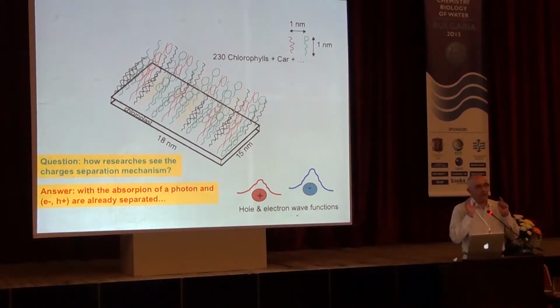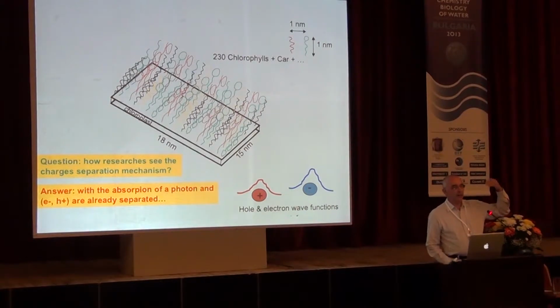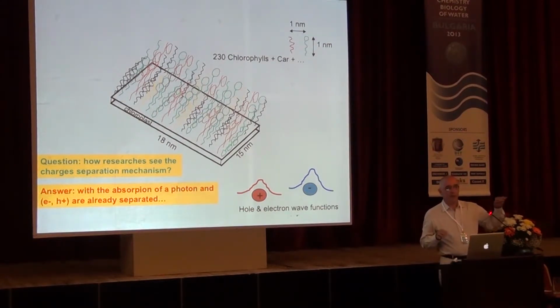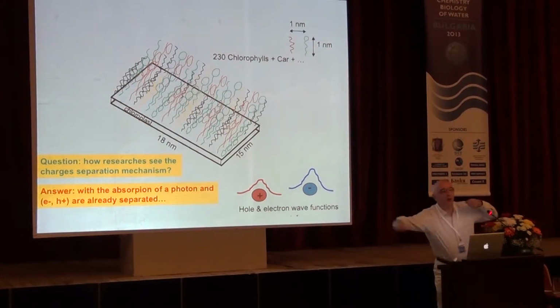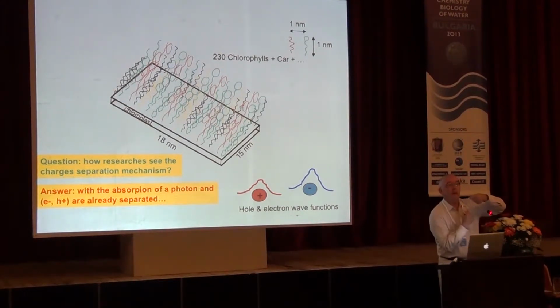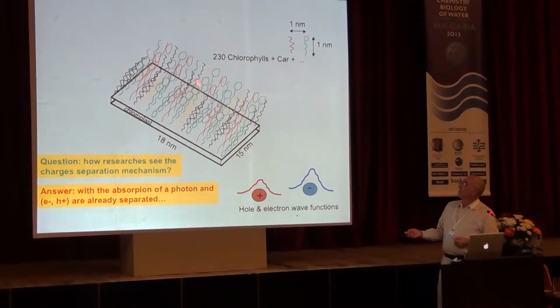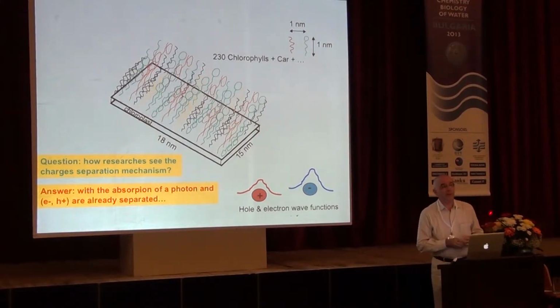For people working with photosynthesis, it's enough that this system absorbs light. Absorbing the light, they consider that the negative charges are already separated from the positive charges. But I have to consider that they have an excitonic energy, an attraction energy. They cannot go away. They need to be in the system. I have to consider this protein related to this protein to see if it fits.